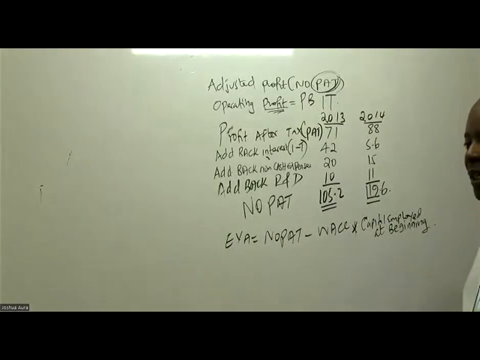Please write like that. Fatima, I've seen your question. I'll be able to address it. So EVA will be NOPAT minus WACC times capital employed at the beginning. Capital employed at the beginning, not at the end.